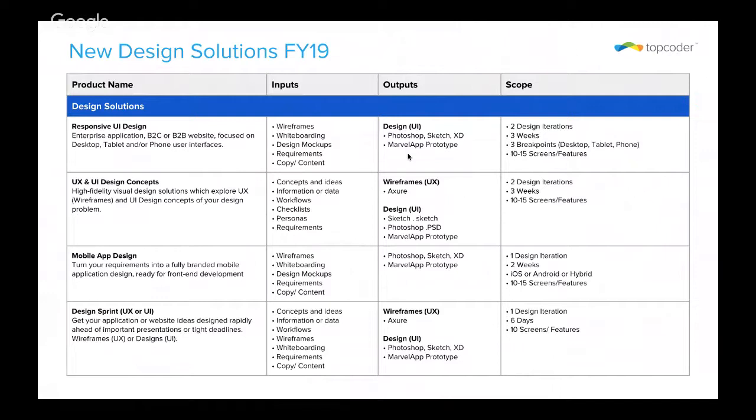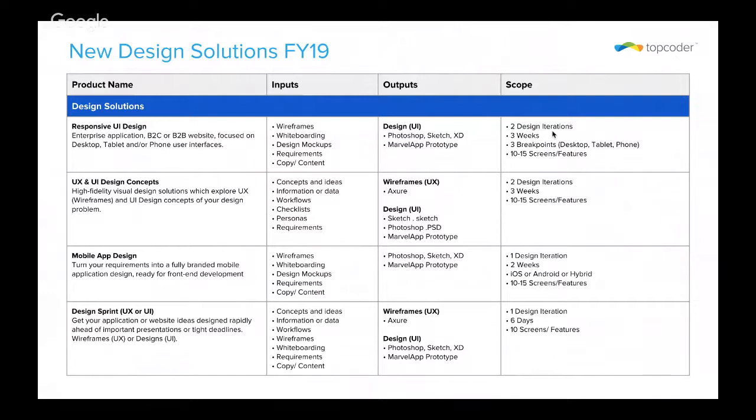So it's wireframes, whiteboarding, design mockups, requirements, anything coming from our clients, as well as additional inputs that we need to produce a design outcome. And then outcomes are still the same. We're still looking at high fidelity UI designs.